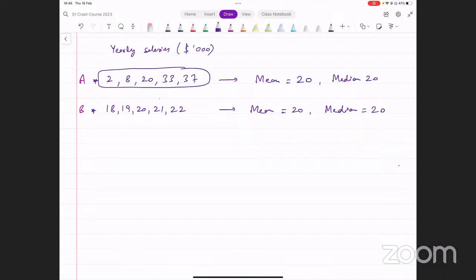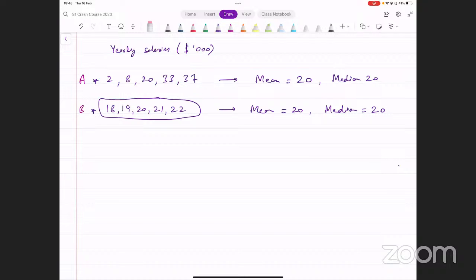Is it going to be the same if you choose company A or company B? In company A, there is much higher risk because you could end up getting 2,000. Although there is a possibility that you could end up with 37,000 as well, there's more risk. And with that more risk comes more reward as well.